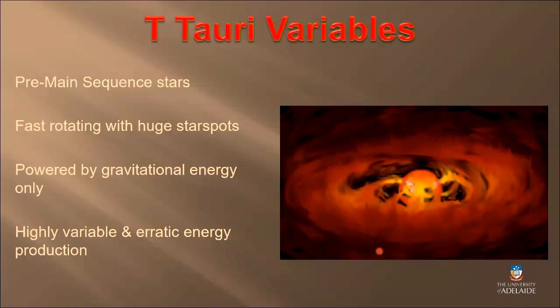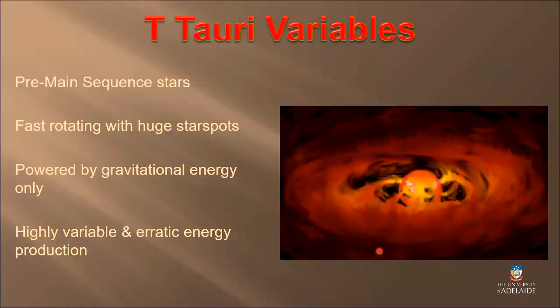As the star is slowly contracting, the gravitational energy of the contraction is converted into heat, and that's what's powering the stars at this time. Now these have huge star spots on them, and they're very fast rotating.